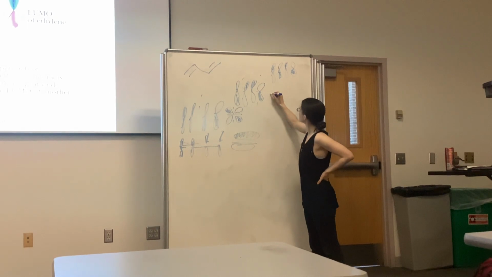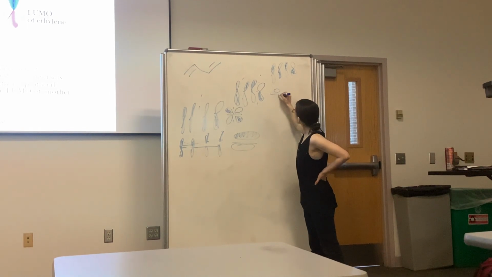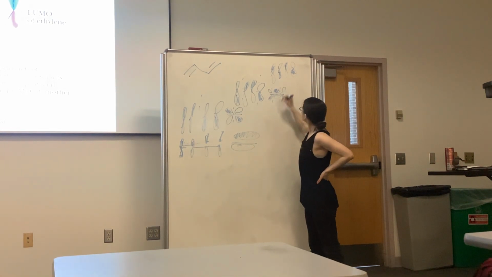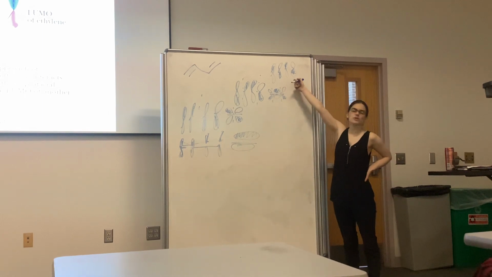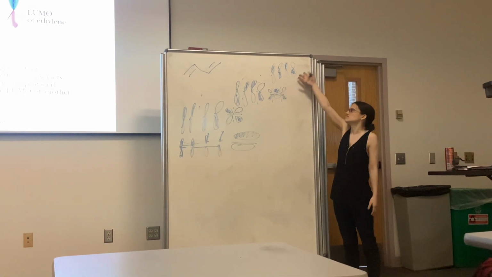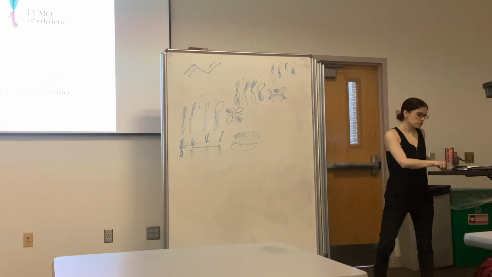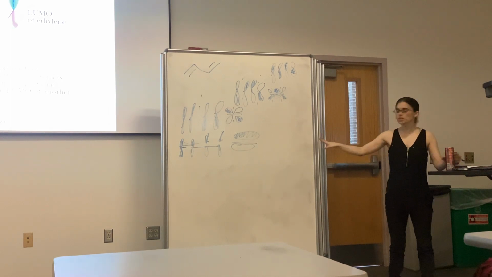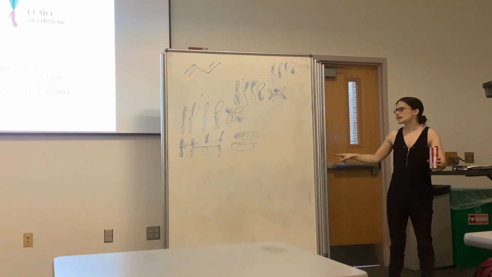Here we can combine the middle ones and then have that, right? Here we don't have to draw anything different, it's just all of the nodes. So I do want you to be able to draw these.